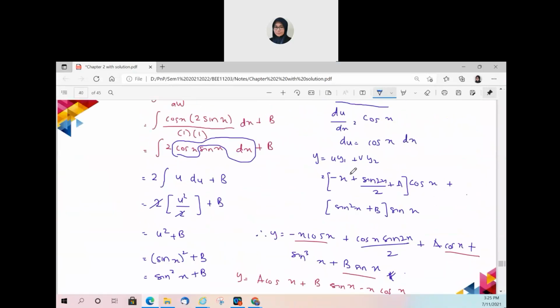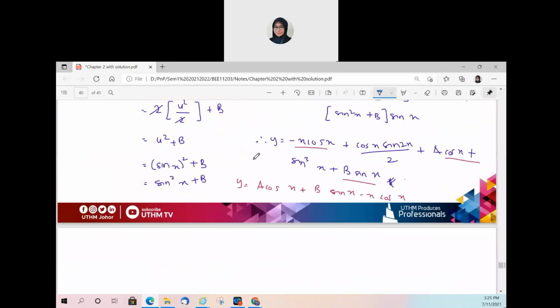Okay, no problem. So now from these equations, y equals minus x cos x plus cos x sin 2x over 2 plus a cos x plus sin cos 3x plus b sin x.